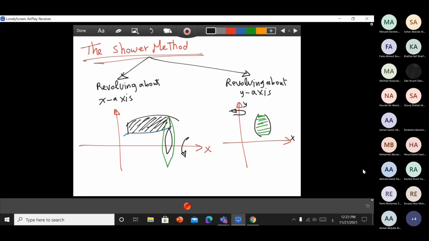So in this case, the volume will equal to, let's call this one y2, and we call this one y1. So the volume, and you would like to have from x equals A to x equals B. So I have the volume of the upper one, which is pi y2 squared, minus the volume of the lower one.